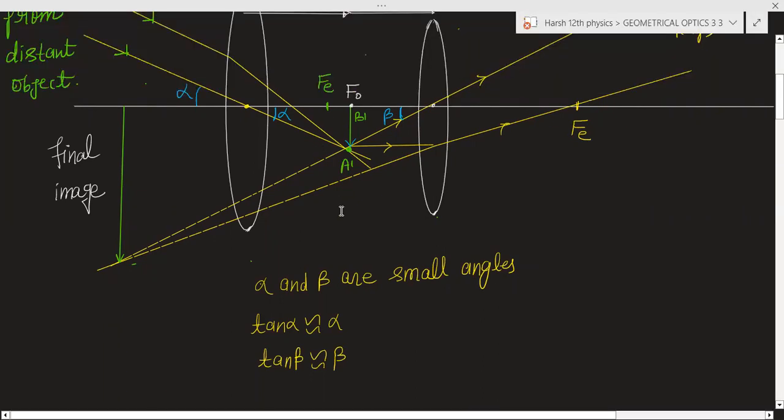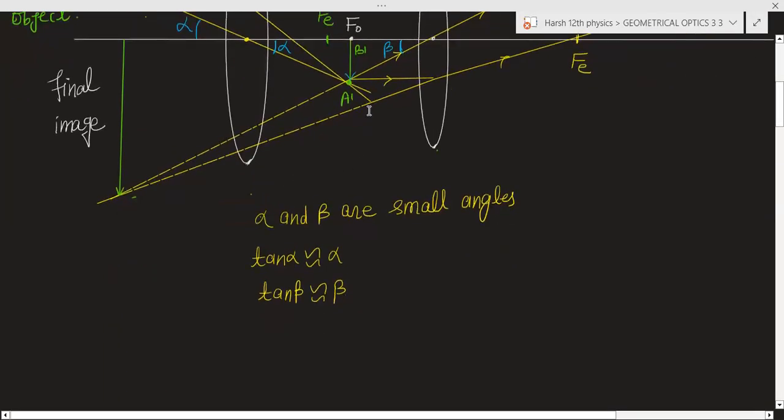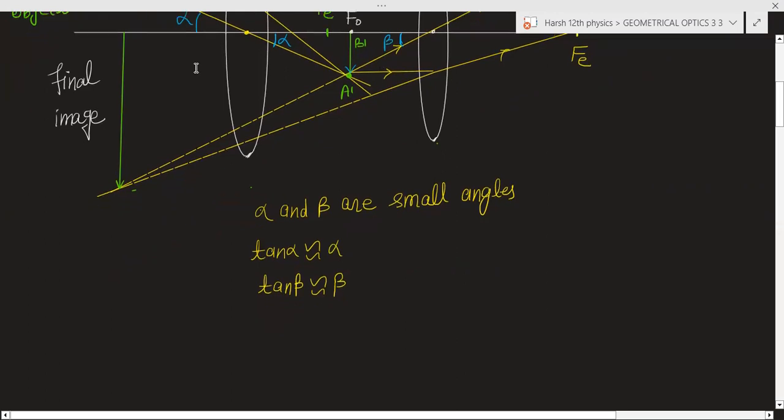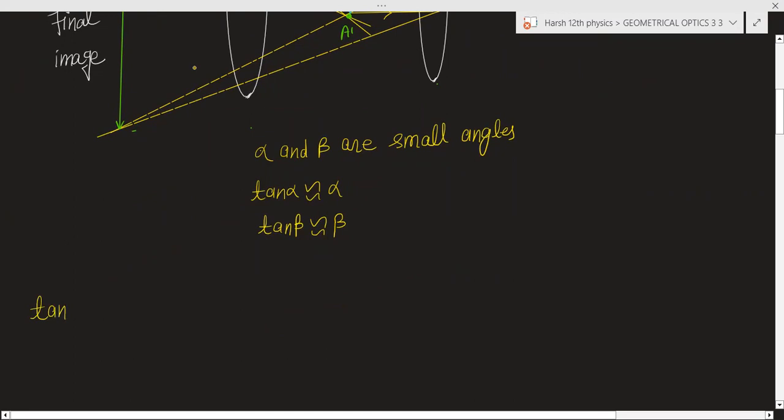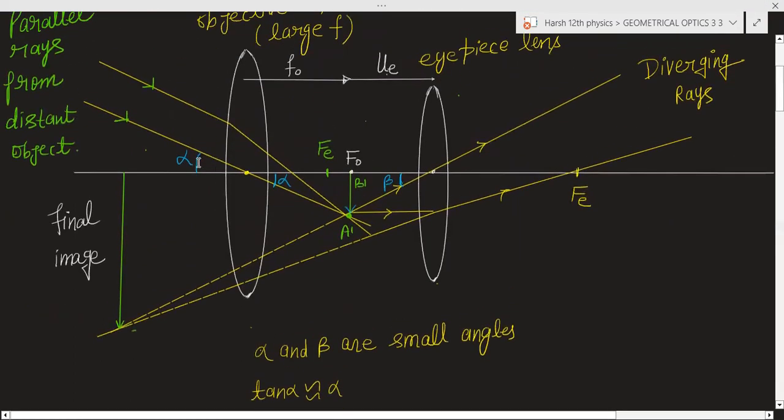Now first we will find tan alpha. How will we find tan alpha? This is alpha. See this triangle. In this triangle, tan alpha will be perpendicular divided by base.